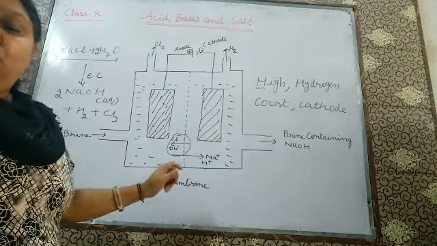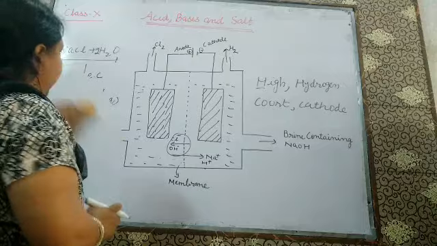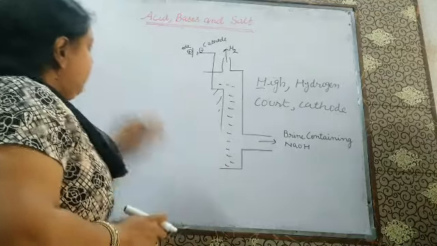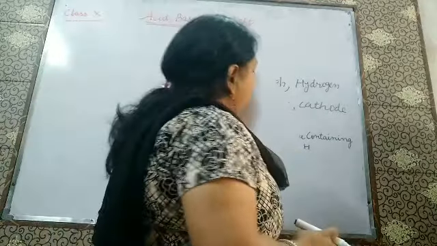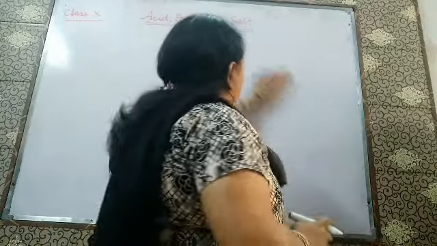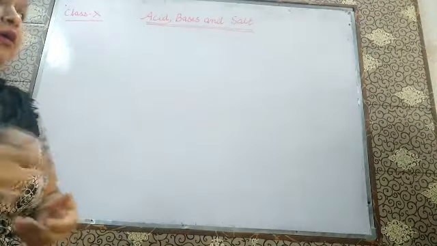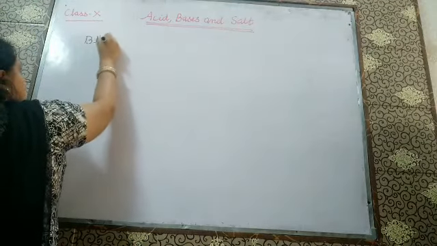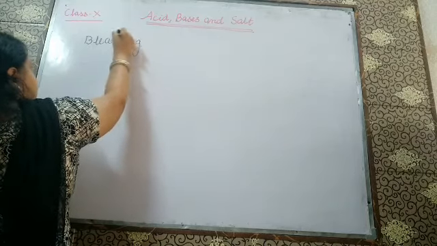So let us do one more compound which is formed from NaCl, and this NaCl side product is used for the formation of another compound that is called bleaching powder.